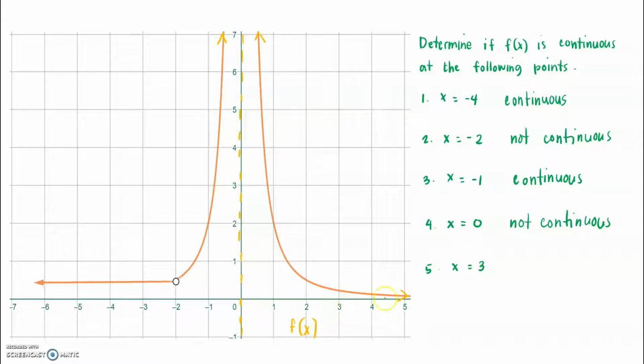And lastly, we have x equals 3. At x equals 3, there's no hole. There's no break on the graph, meaning to say at x equals 3, f of x is continuous.